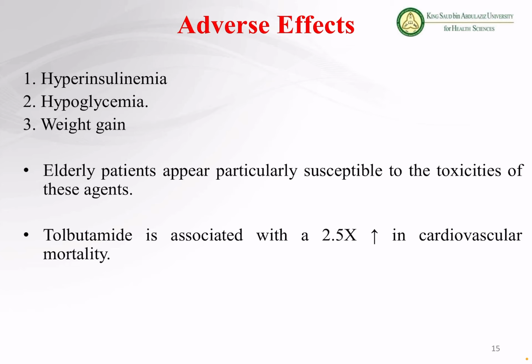Elderly patients appear particularly susceptible to the toxicities of these agents. In the first generation, tolbutamide is associated with a 2.5 times increase in cardiovascular mortality. This is the reason why the second generation replaced it. Generally, we say we have an improved pharmacokinetic profile with the second generation.